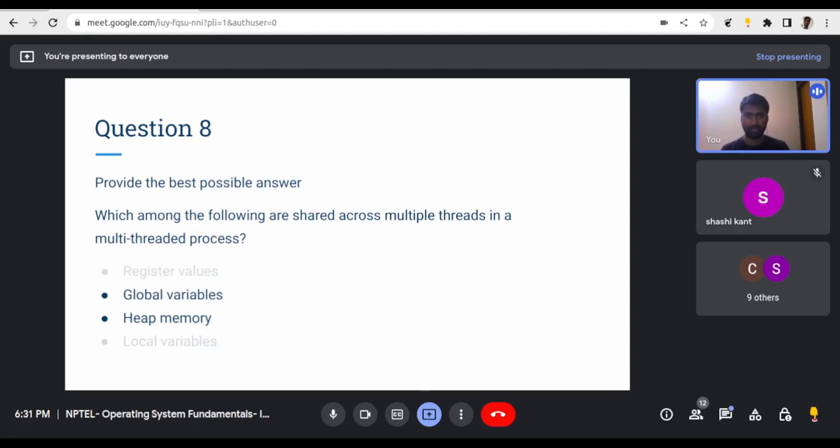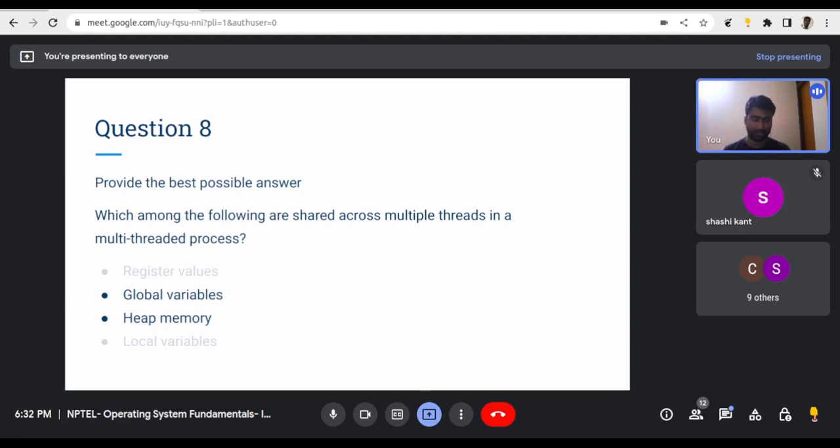When multiple threads are created, there is a sharing of global variables, which are stored in the data section, and the heap memory. So the code, data and the heap are shared across multiple threads, but the threads create their individual copies of the registers and the stack.